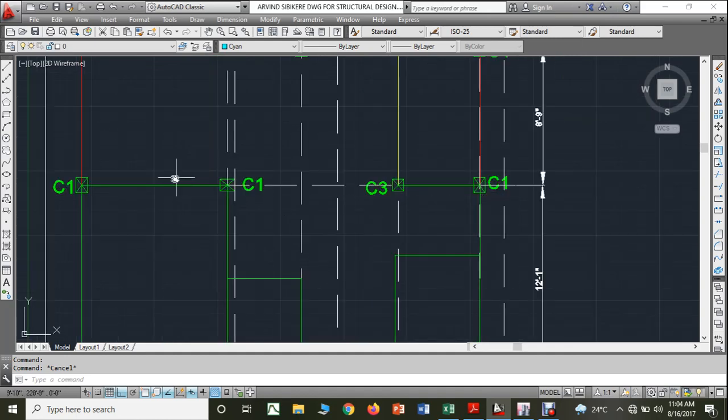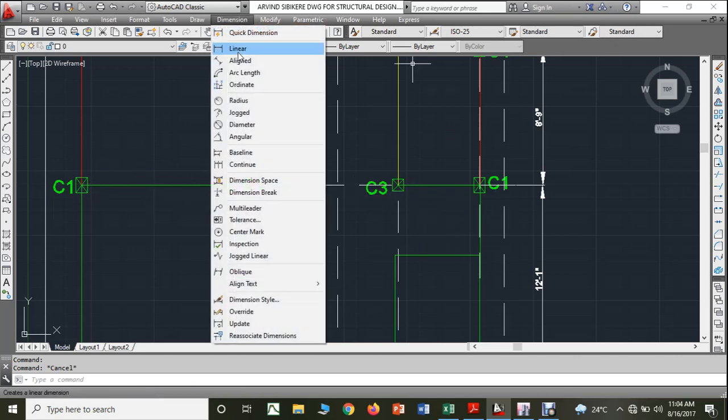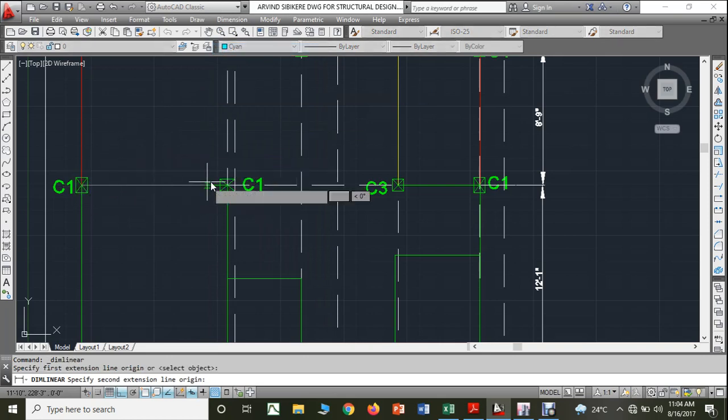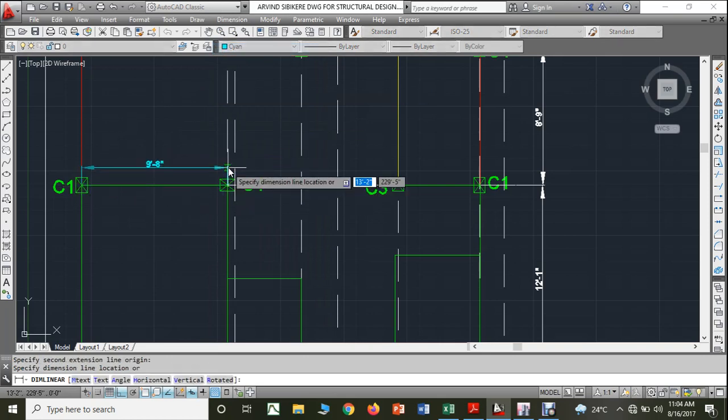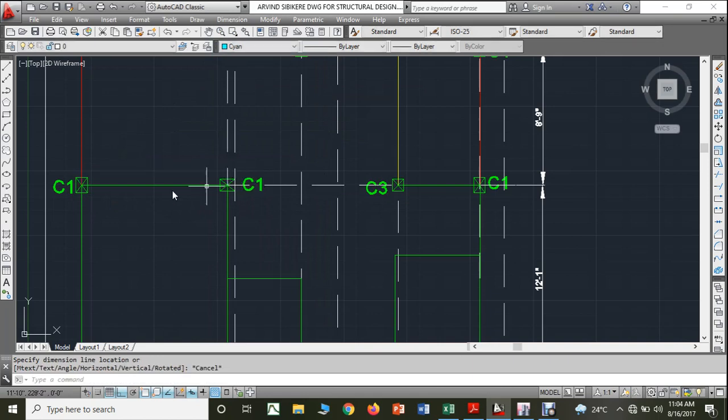You can see here we are not able to completely separate this and this. Usually when the casting is done, all these three beams will be considered. Therefore I'll calculate from here to here, that is 9 feet 8 inches, that is 10 feet. Same thing I'll take for all three.